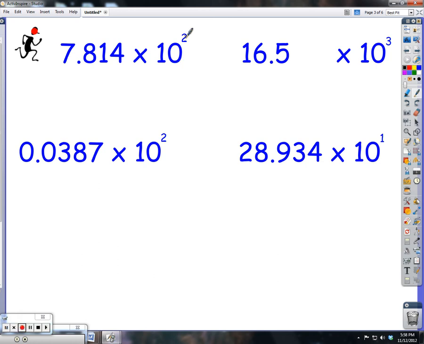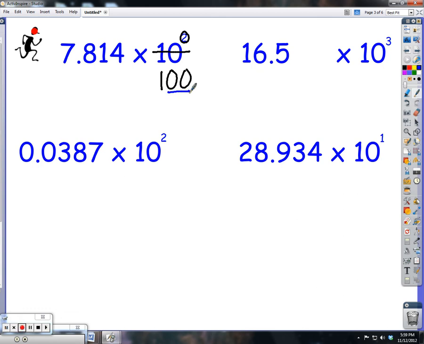Remember, it's really easy to write the standard form of exponential notation where the base is 10. We have a 1 with 2 zeros. So 10 squared is actually 100. So that means we are going to be multiplying 7 and 814 thousandths by 100.